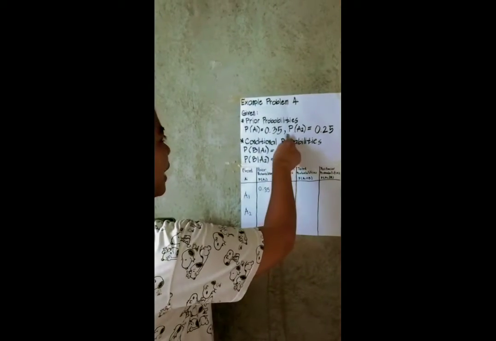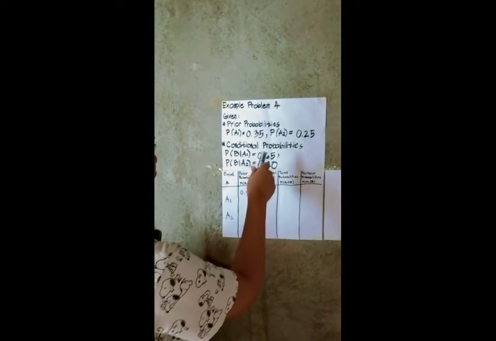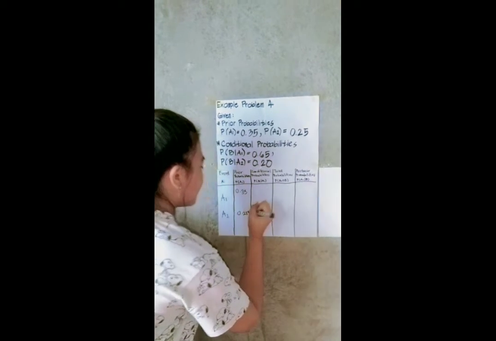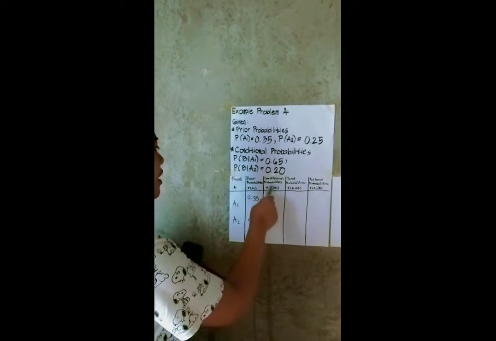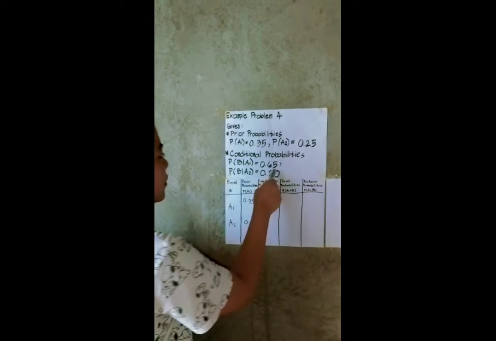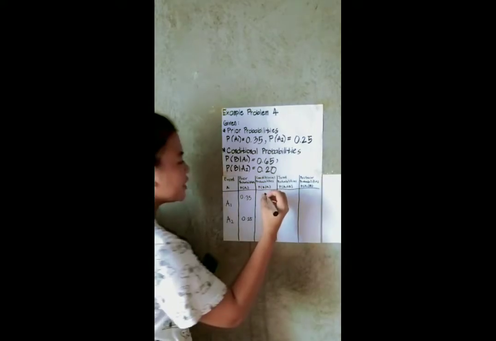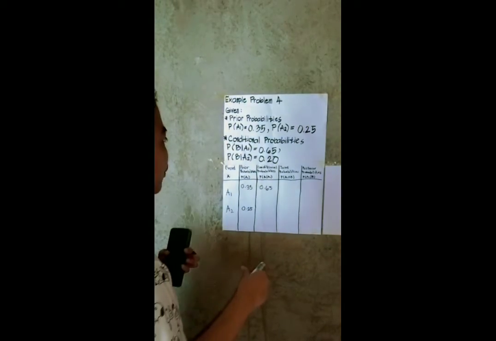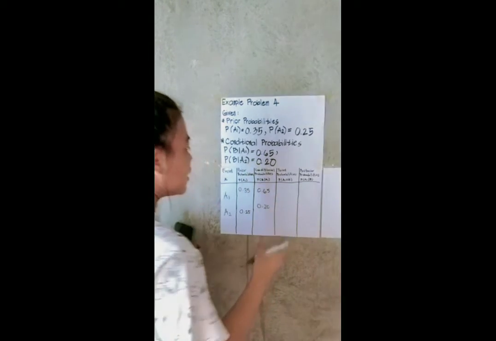Then, the probability A sub 2, copy the 0.25. Then, conditional probabilities in the table, A sub 1 is 0.65. Then, A sub 2, 0.20.